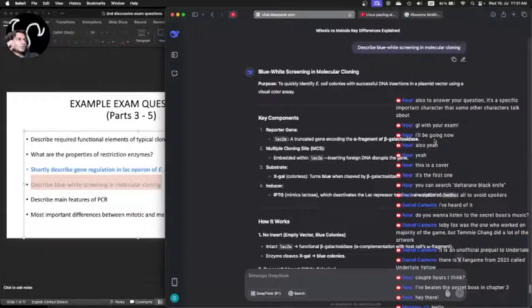Multiple cloning sites are embedded within lacZ alpha, so inserting foreign DNA disrupts the gene. Substrate X-gal turns blue when cleaved by beta-galactosidase. Inducer IPTG mimics lactose, which deactivates the lac repressor to allow transcription of lacZ alpha.